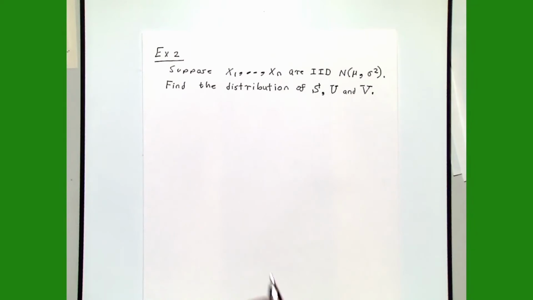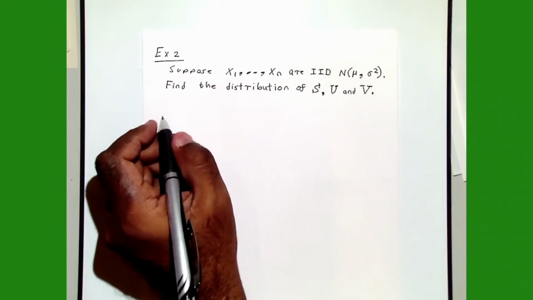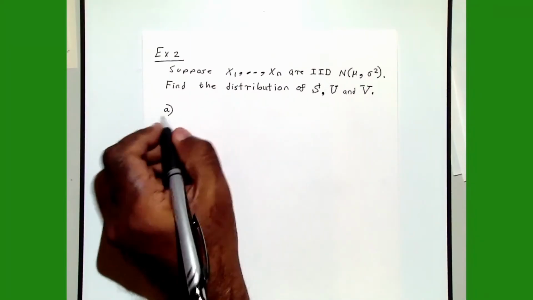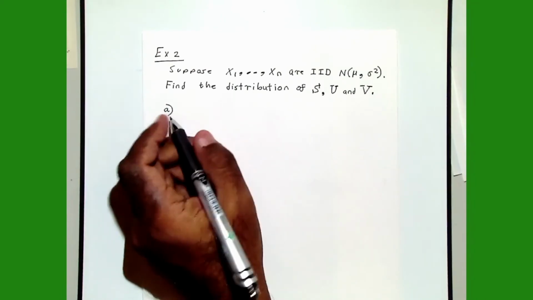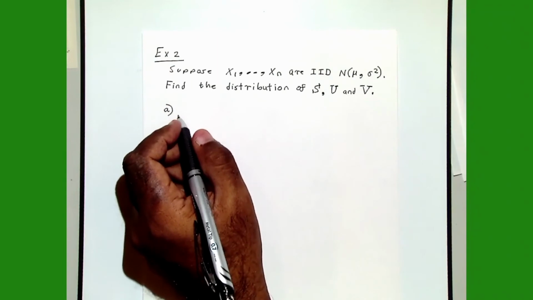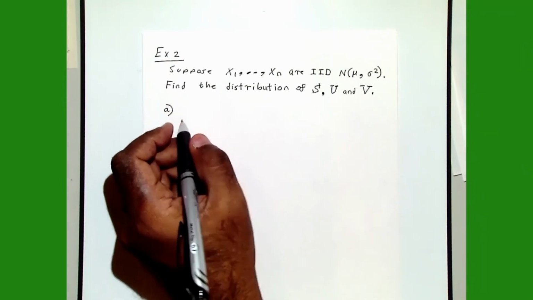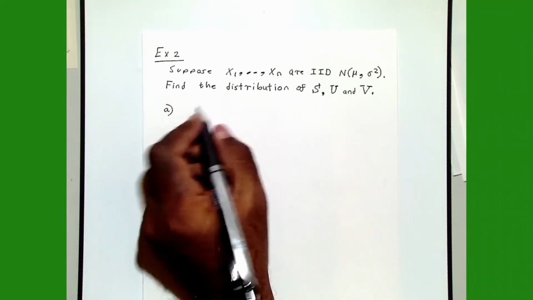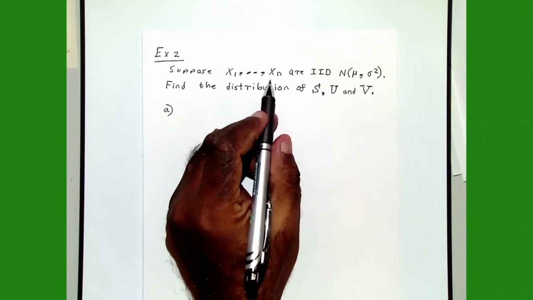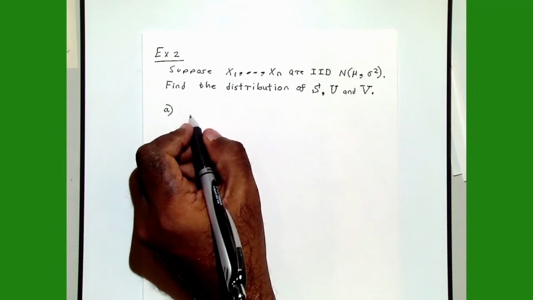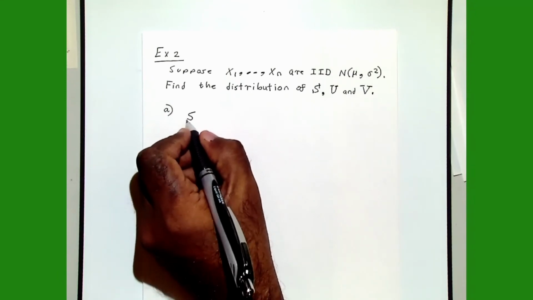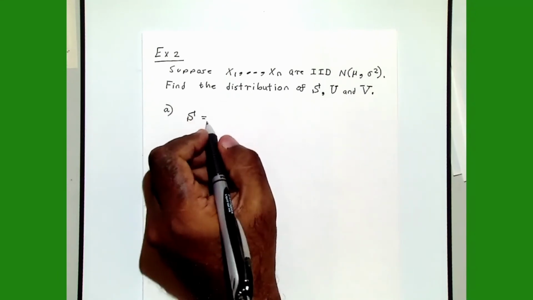So let's start with S, right? Now you may recall from second year courses or first year courses you have taken that the sum of independent normal variables is also normally distributed, right? So if you don't know that, please look back in the courses you have taken.